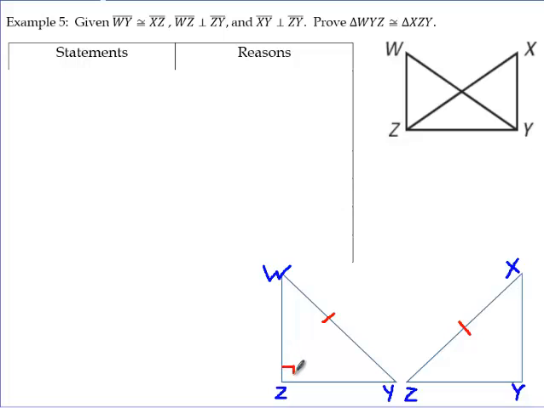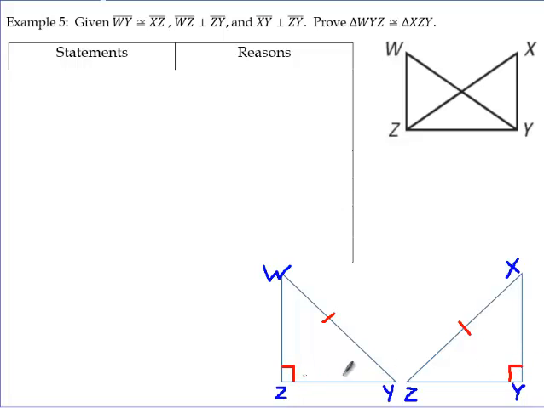So this right here is a 90-degree angle, a right angle. So then we go on to the next part. XY is perpendicular to ZY. So again, we are going to have another 90-degree or right angle.